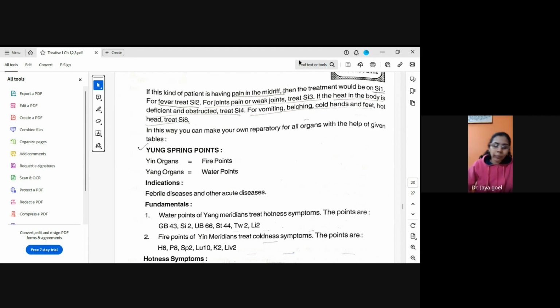Only K1, the kidney's Jing Well point, is present in the sole of the foot, and GV 26 of the governing vessel is present between the lips and the nose, at the center point.